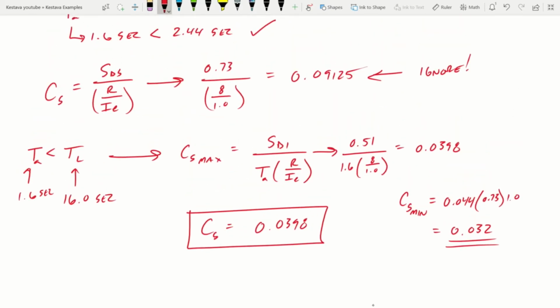If you're going through this and you might be a first timer or whatever, and your professor gives you a problem with just totally random made up numbers, like mine are all made up, and you get a C sub S min where that controls, you might want to do some mental math, go back, check a couple things, make sure you're square, because that almost never, ever happens.